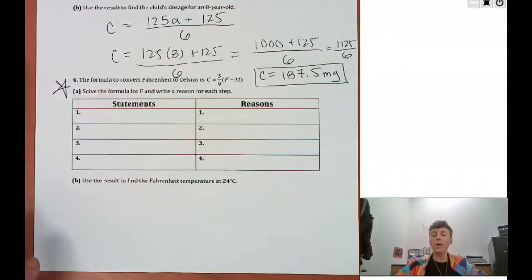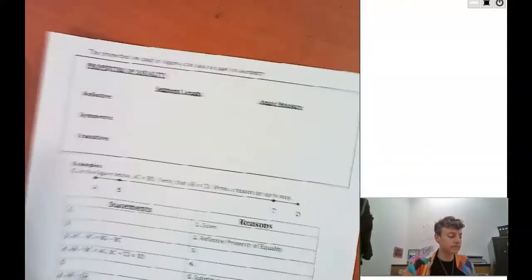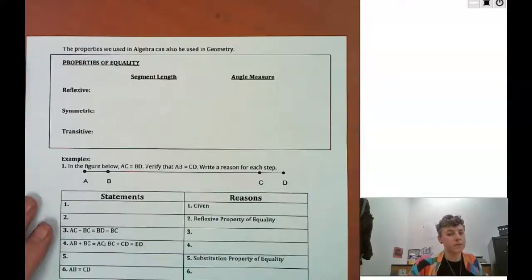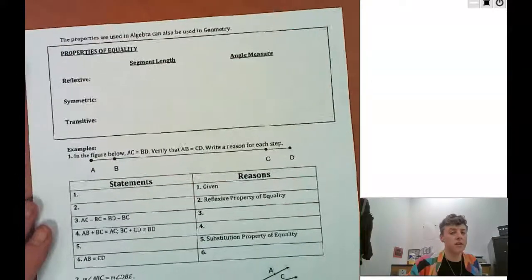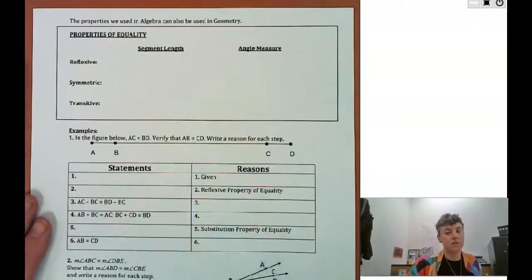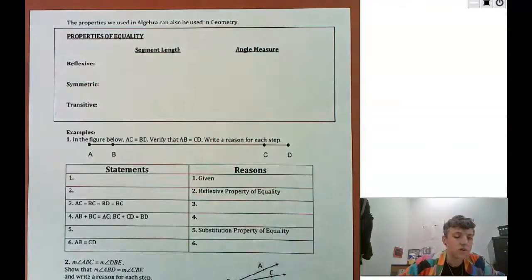We got one more page of notes to go. Here's where the fun stuff really starts to get going. The properties we used in Algebra, the ones I said were brand new, can also be used in geometry. Great.